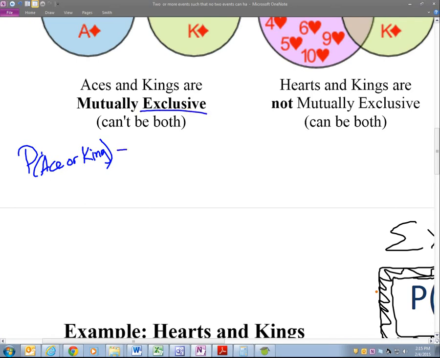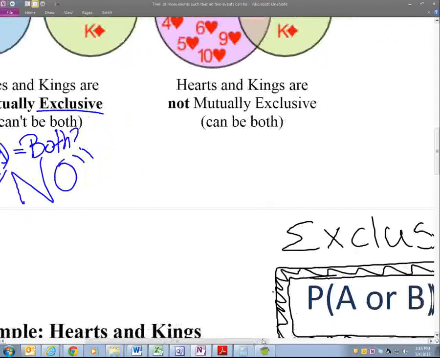It's mutually exclusive. Now, I would ask myself, can I have both? And I would say no. That's the biggest thing about mutually exclusive. You would say no to, can you be both? Can you be a king and an ace? No, you cannot.